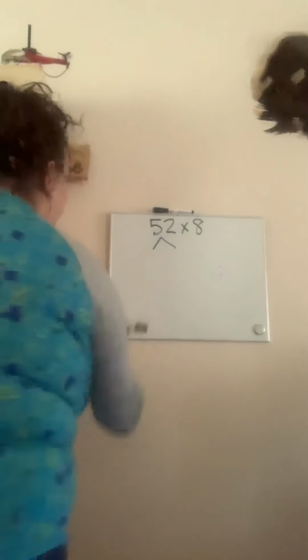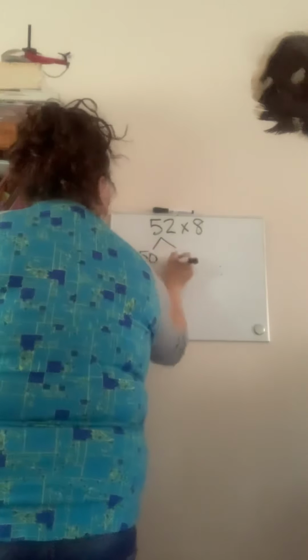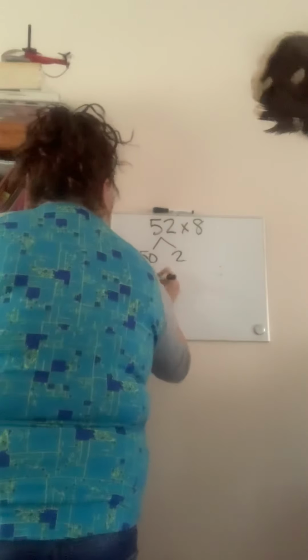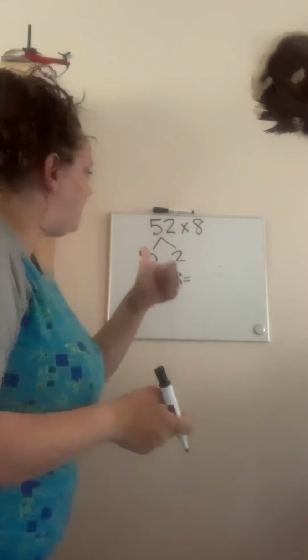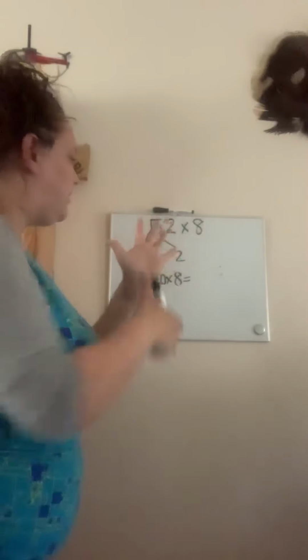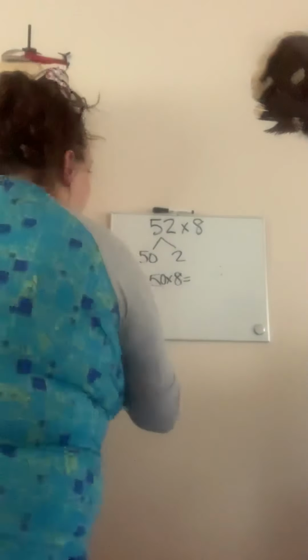But if I do, let me see. I know 52, 50. I think of quarters, and 50 is really easy to add. So 50 and 2. And then I can go 50 times 8 equals 400.